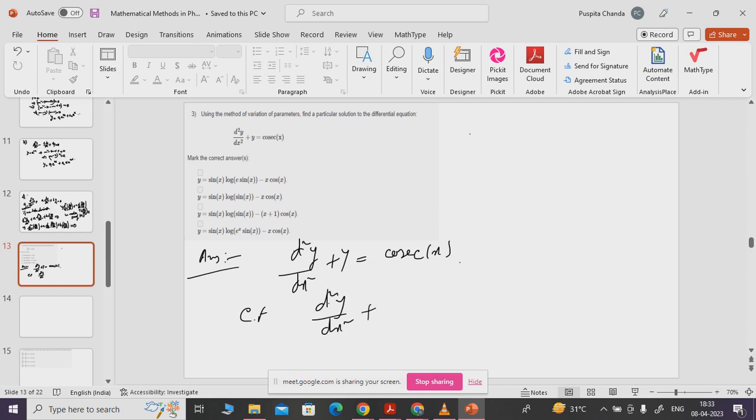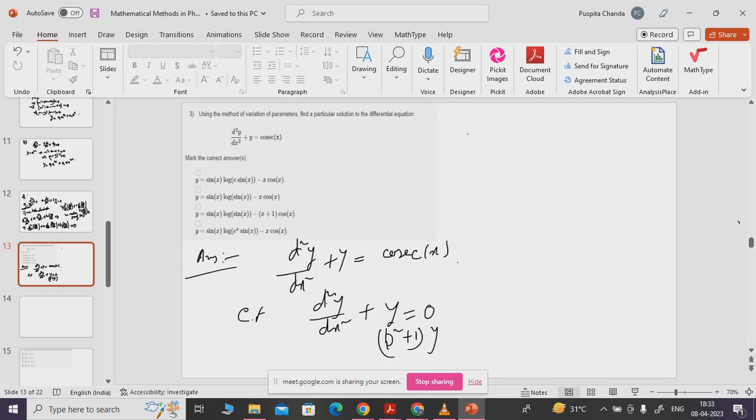For that we need the solution of the homogeneous equation, which is (D square plus 1) y is equal to 0. If y is equal to e to the power mx, this equation will become (m square plus 1) is equal to 0, so m will be plus minus i.